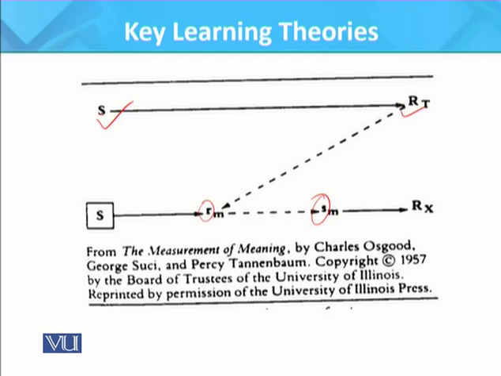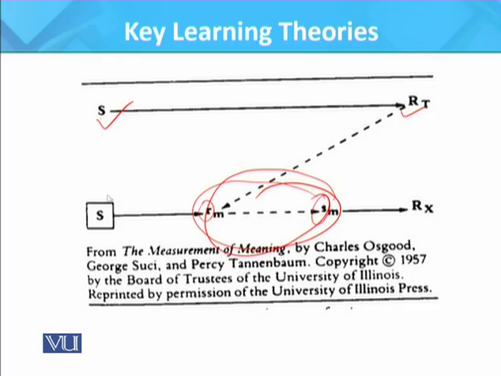From stimulus to response, what happens here is the mediation process where he says that although individuals can respond overtly to actual environmental stimuli, they also have a representation of the stimulus and response that is internal in the organism.